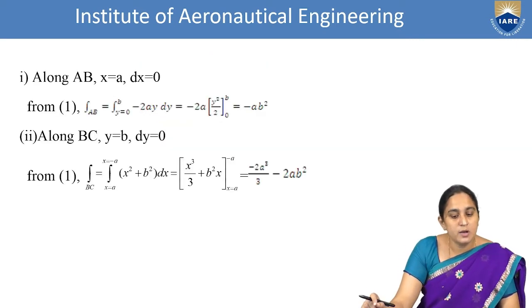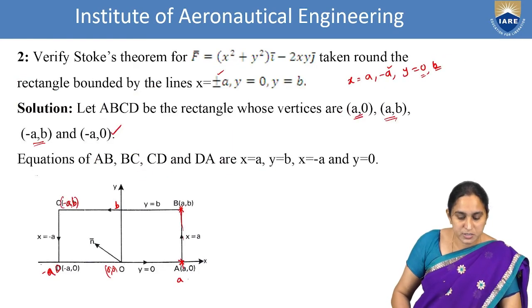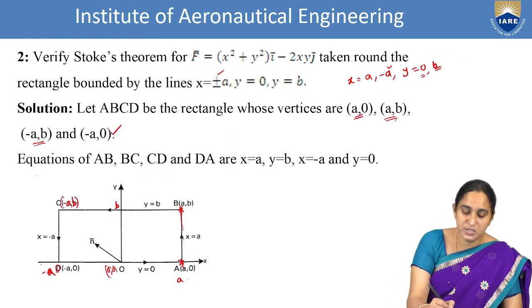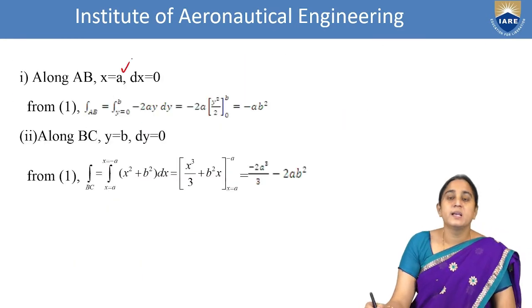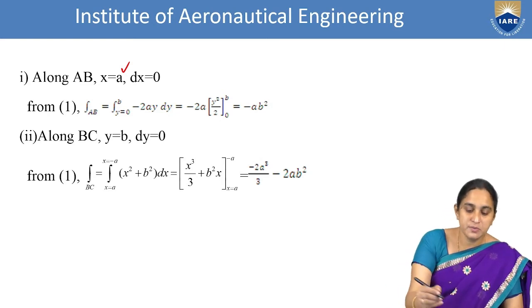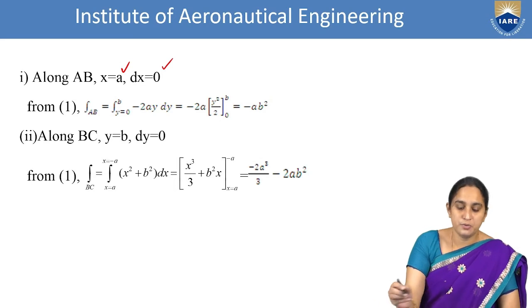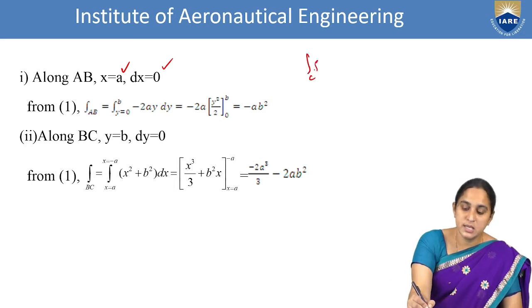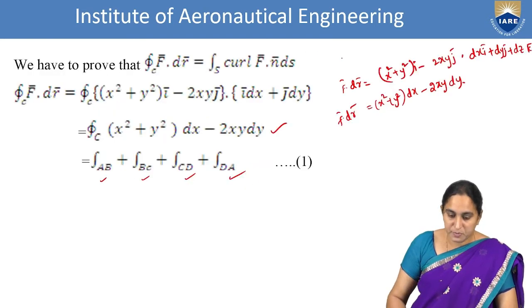Now along AB. What are the conditions along AB here? Once you observe, along AB, x is equal to a and the derivative dx is 0. That is integral c f bar dot dr bar is equal to, what about f bar dot dr bar?